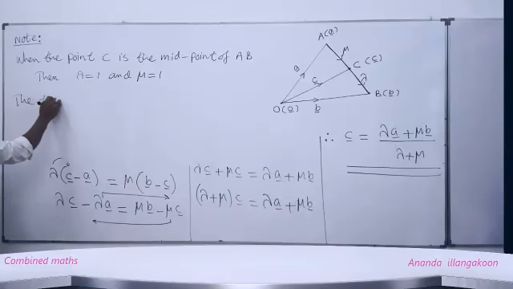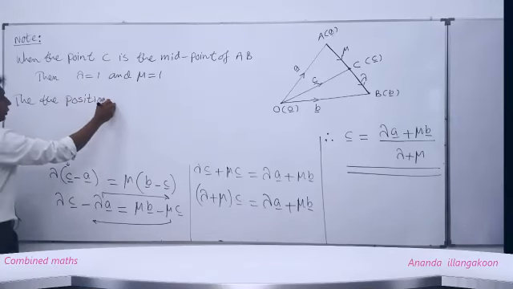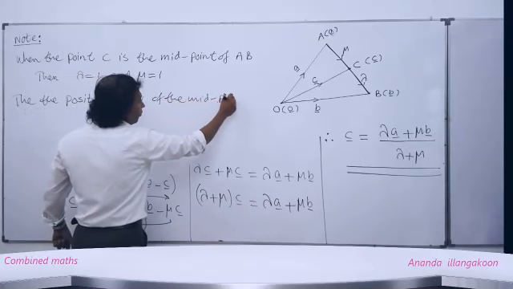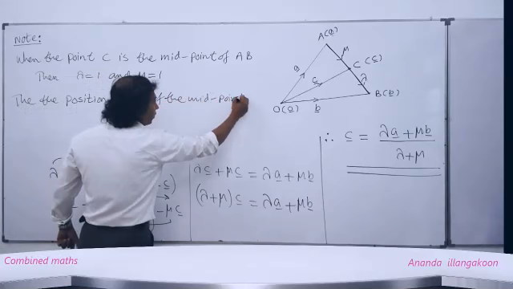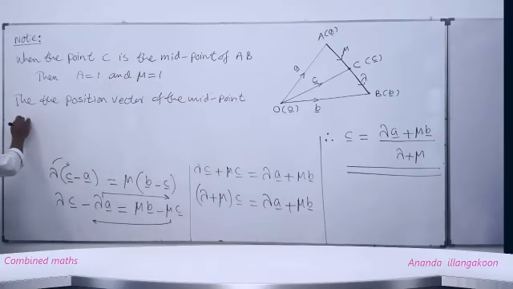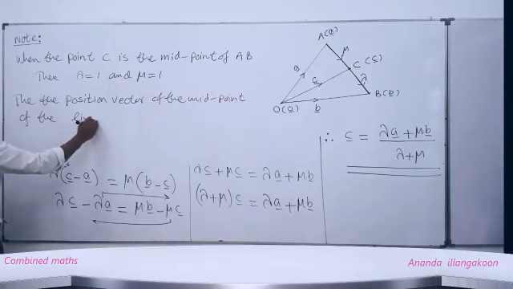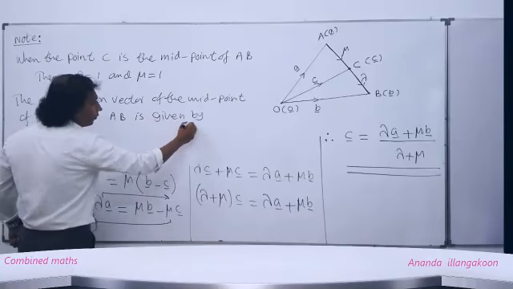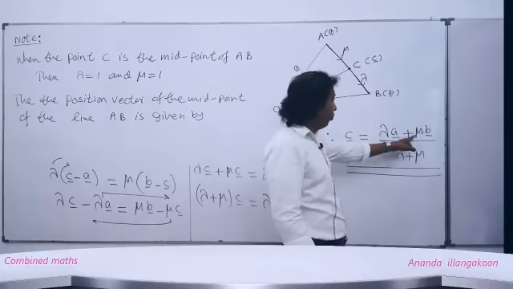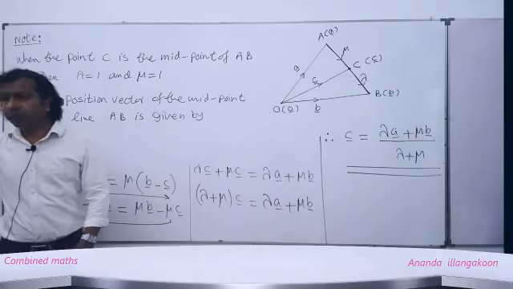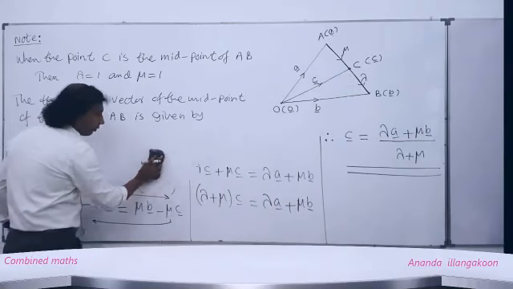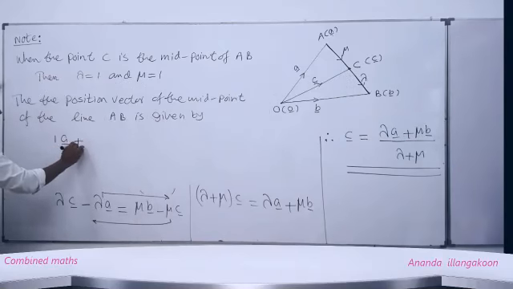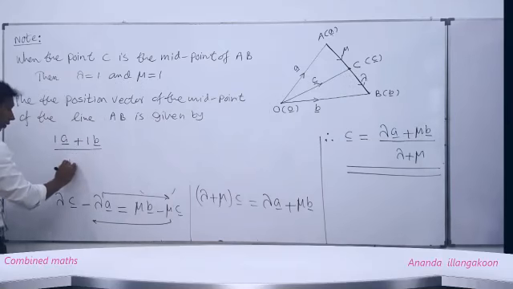The position vector of the midpoint of the line AB is given by, if I put lambda 1 and mu 1, what do you get? 1 times vector A plus 1 times vector B divided by 1 plus 1.